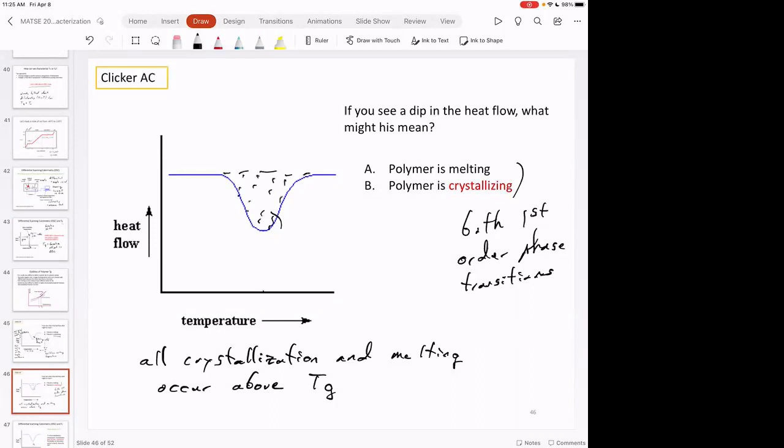And from this area equals delta H of melting, delta H crystallization, delta H fusion, whatever you want. So when you integrate that and normalize it by the amount of sample, you can get the delta H because it's a first order phase transition.